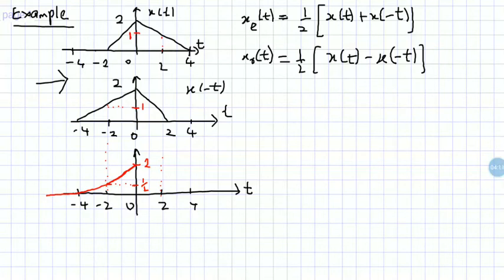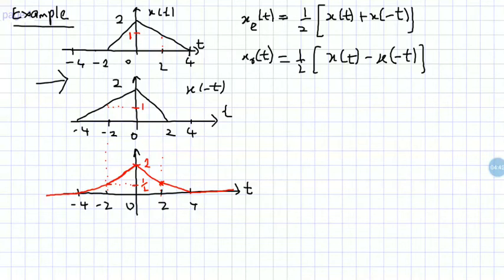So 1 plus 0 is 1, divided by 2 is one half. So it goes there. You can expect for time between 2 and 4, it will be a decreasing value from 1/2 until 0, and it is 0 for the rest, for t bigger than 4.